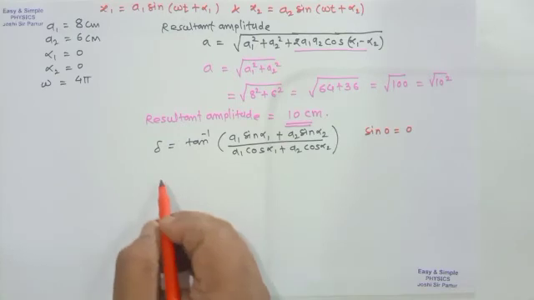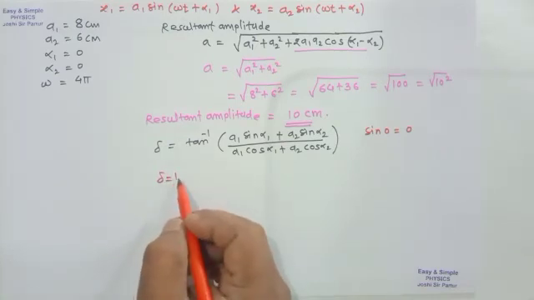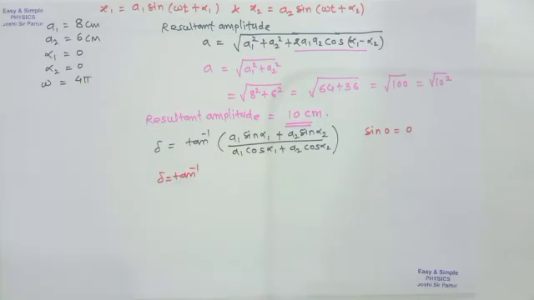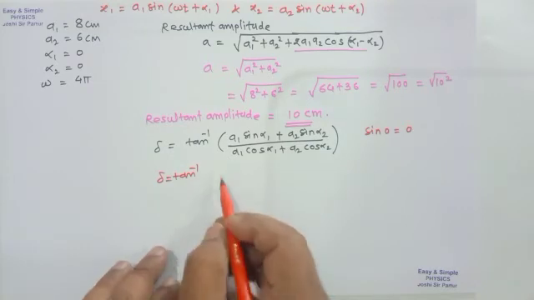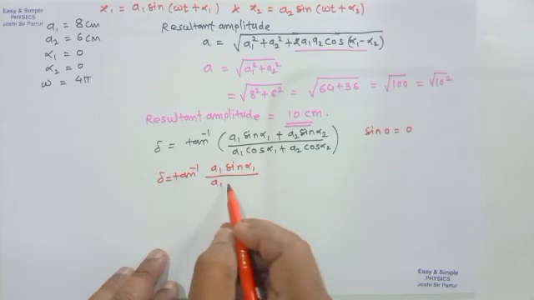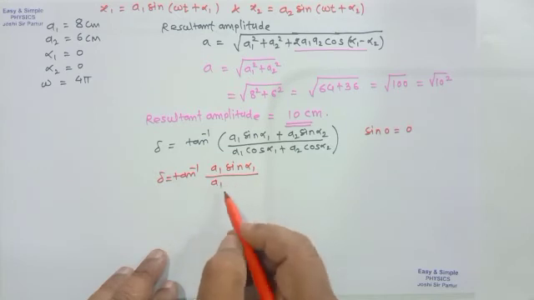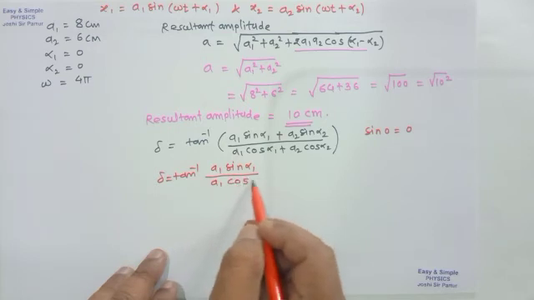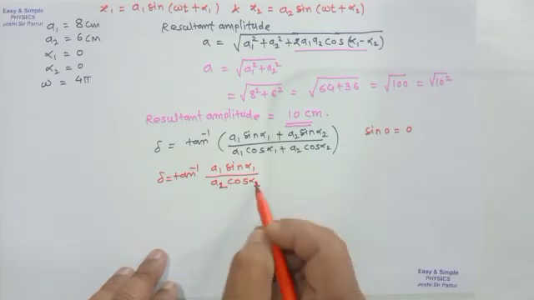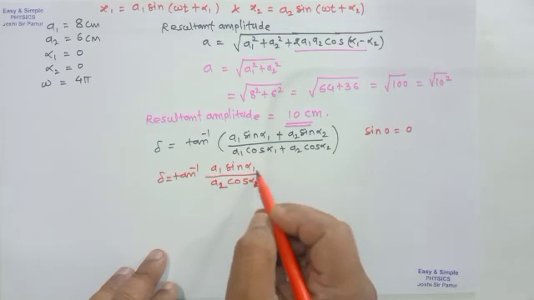So here delta is equal to tan inverse of a1 sin alpha 1 upon a1 cos alpha 1 plus a2 cos alpha 2.